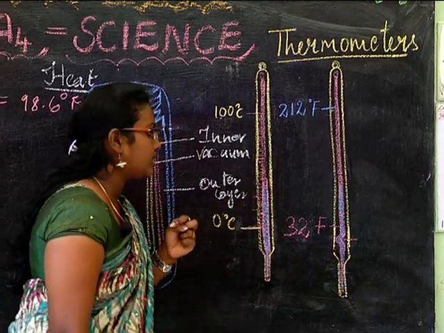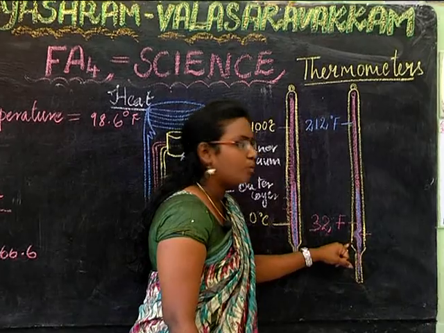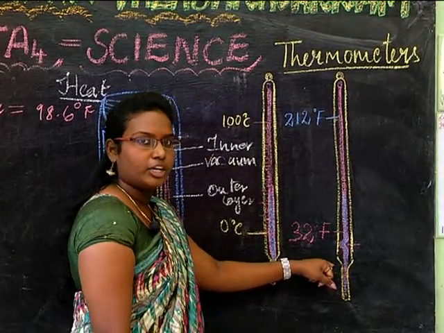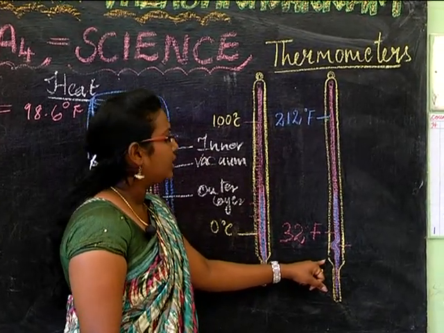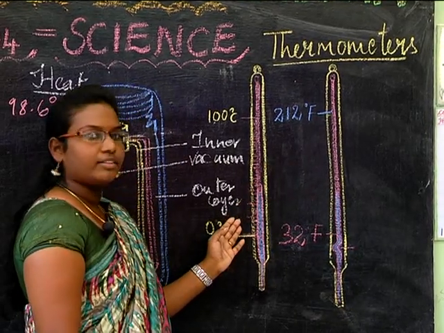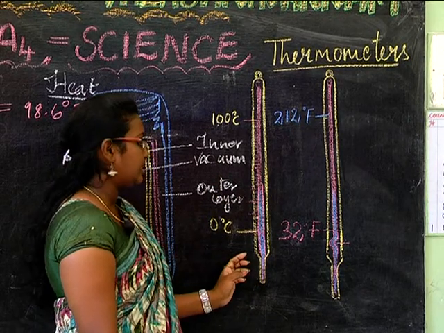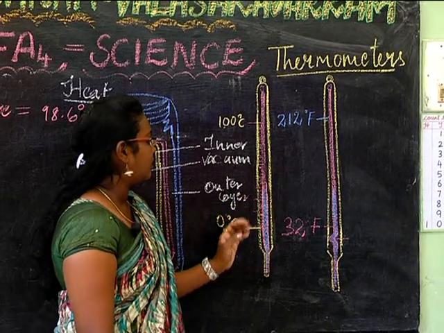The first point is to note whether the thermometer is at the lower fixed point, below 35 degrees, if it is Celsius. The laboratory thermometer is made of glass and steel, stainless steel materials.